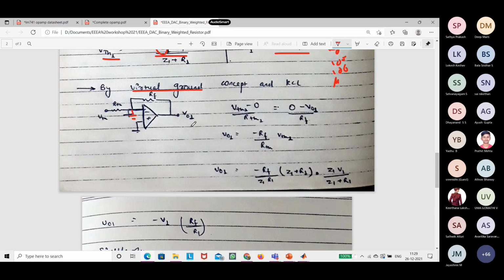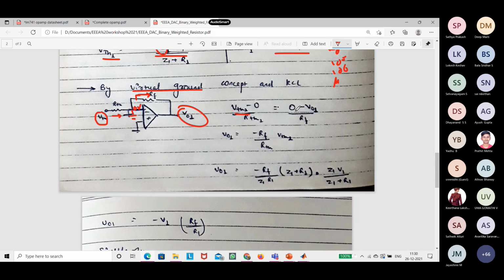Okay, now by using KCL, we have VThevenin over here, we have 0 volt over here. So there will be a current which is VThevenin minus the 0 volt divided by the RThevenin. Whatever current flows over here will go through this path as well. Now we have 0 volt and the output, say V01.